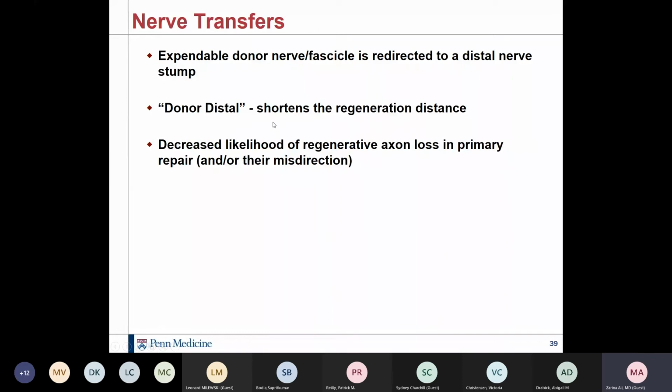And then the other advantage is that since we're doing that transfer distally at the site of the end organ, we have less of a likelihood of having the regenerative axons get misdirected or lose their regenerative potential in that long wait for 1 millimeter a day of regeneration.